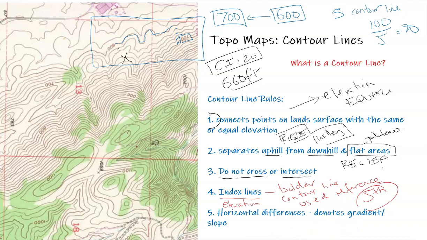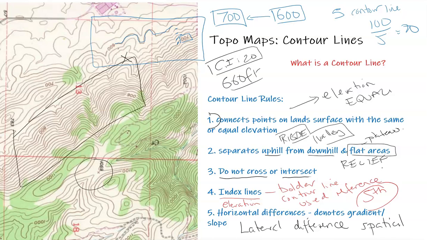So the last rule in this video is the horizontal or lateral difference, the spatial differences. Now we have this map. We see areas where the contour lines are spaced out, like here, and areas where the contour lines are very close together, like right here.